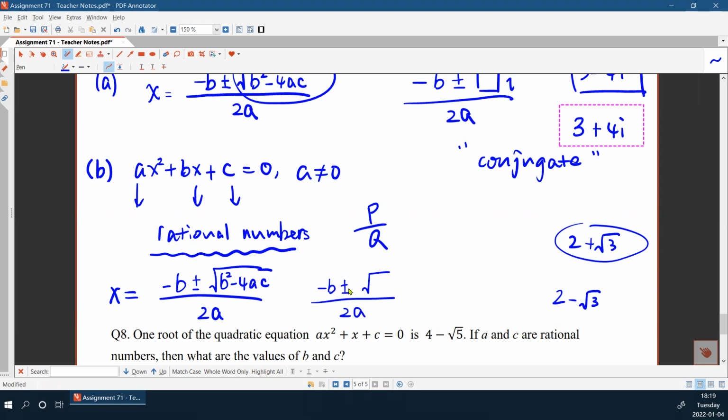Because if one of the roots is minus b plus square root of something over 2a, the other root is negative b minus square root of something over 2a. So if one of the roots is 2 plus square root of 3, the other root is, of course, 2 minus square root of 3. This is the whole reasoning process.